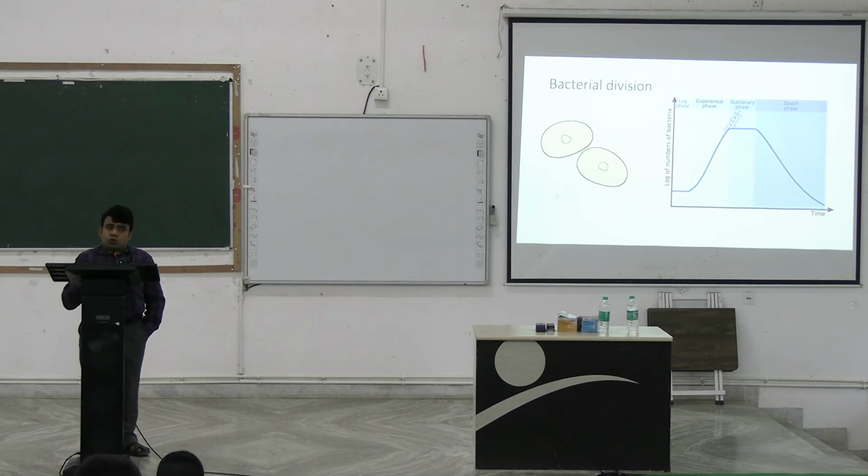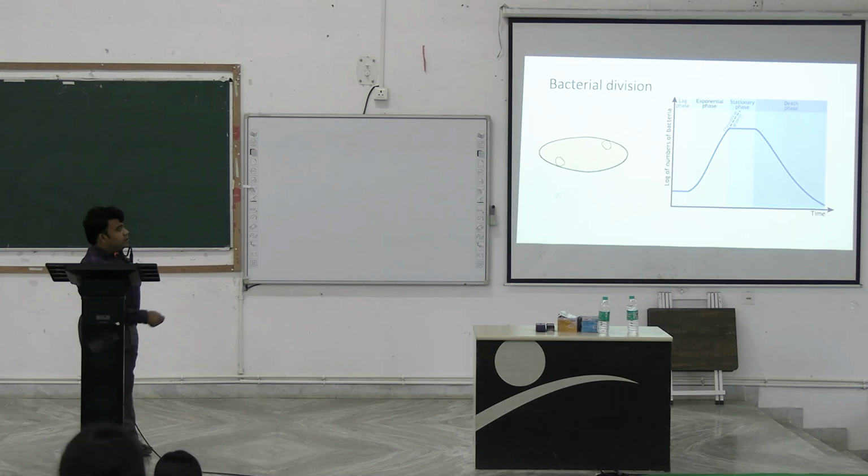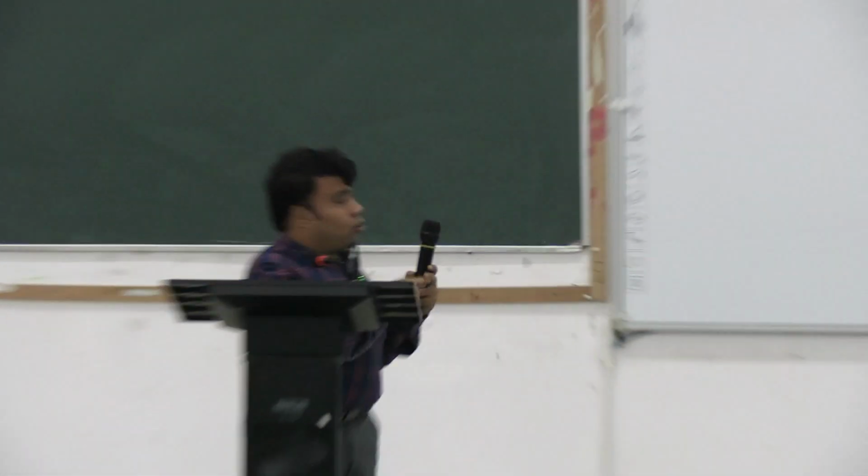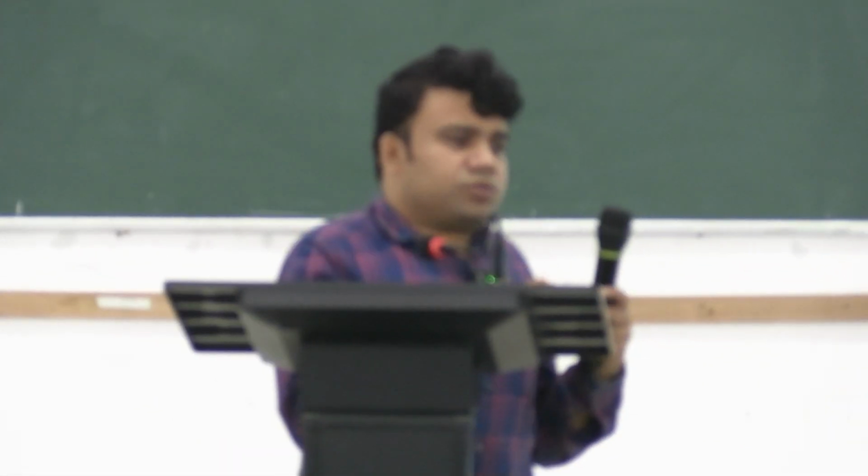Now, two more important terminologies that you must understand. One is called total count, one is called viable count. What is total count? Suppose this is a bottle with culture media. Initially, I have taken 100 bacteria. So, in the lag phase, there will be 100. Say in the log phase, it has multiplied into 10,000. Then the number will start going down.